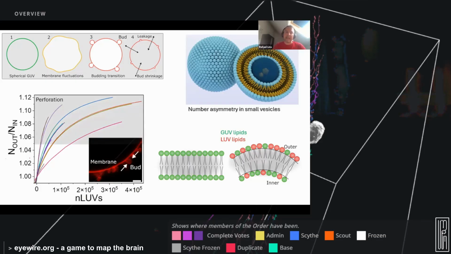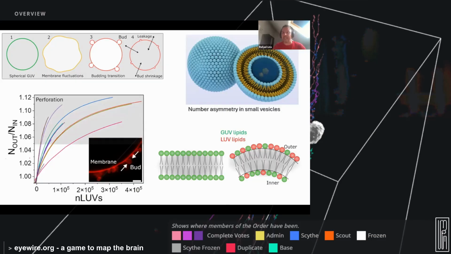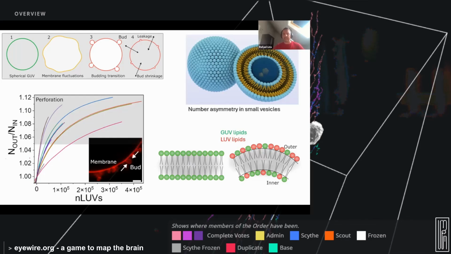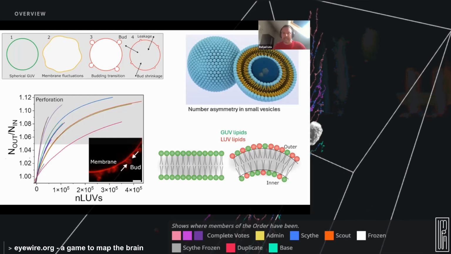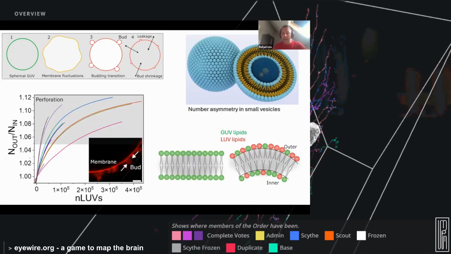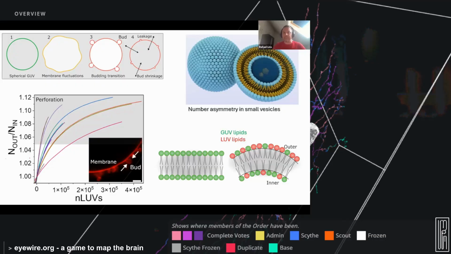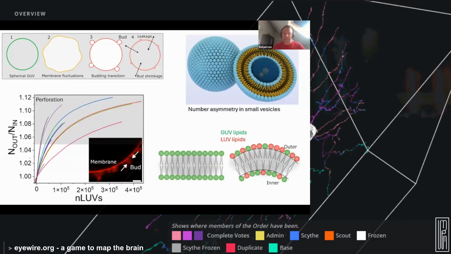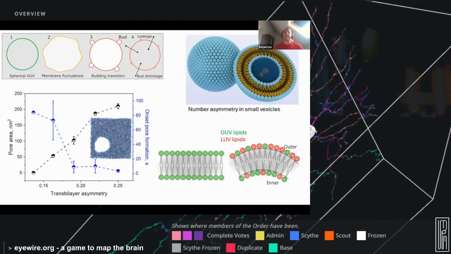And what we're seeing is that above approximately 5% asymmetry, the GUVs will spontaneously rupture. So this is how we discovered that the shape transitions happen because of changes in spontaneous curvature, which are a result of asymmetry in lipid numbers across the membrane.